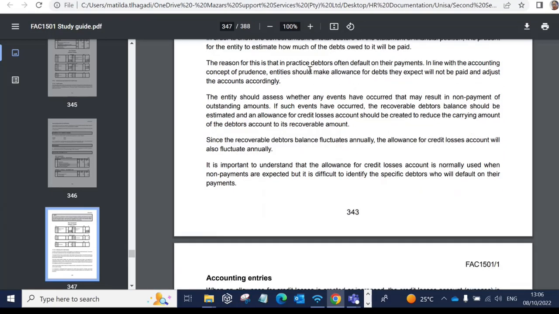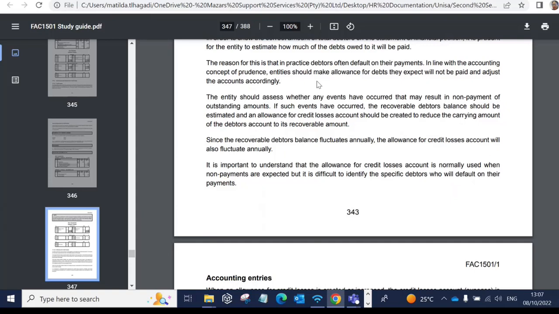The entity should assess whether any events have occurred that may result in non-payment of the outstanding amounts. If such events have occurred, the recoverable debtors balance should be estimated and an allowance for credit losses account should be created to reduce the carrying amount of the debtors account to its recoverable amount.